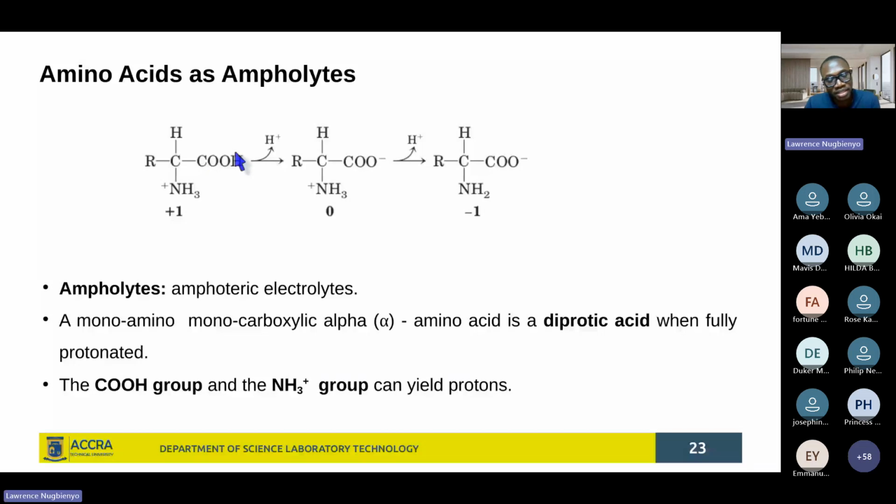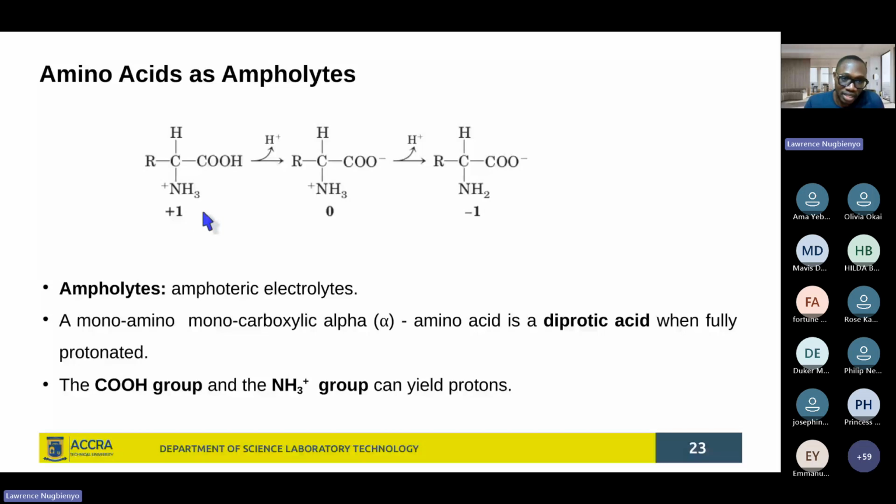And so it's having a net charge of +1, because you can see that the NH3 is carrying a positive charge. The COOH is full, it's not carrying any charge. And so the net charge from this amine group, NH3 plus, now on the whole amino acid is +1. So that is a fully protonated amino acid.